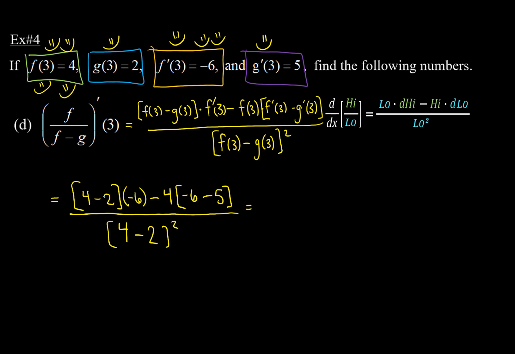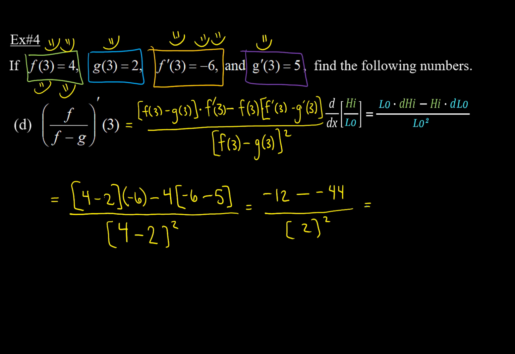So 4 minus 2 is 2. 2 times -6 is -12, minus -6 minus 5 is -11. -11 times 4 is -44. And then 4 minus 2 is 2, and 2 squared is 4.